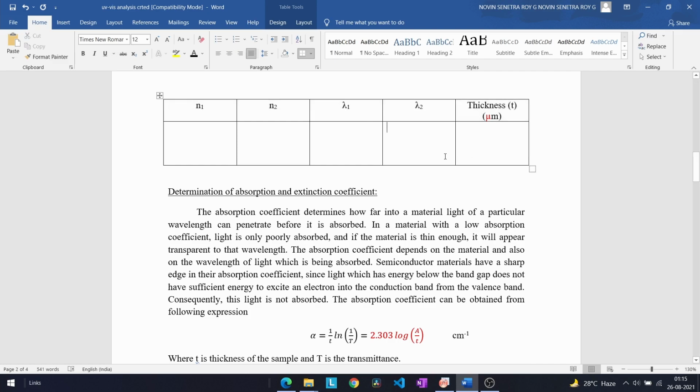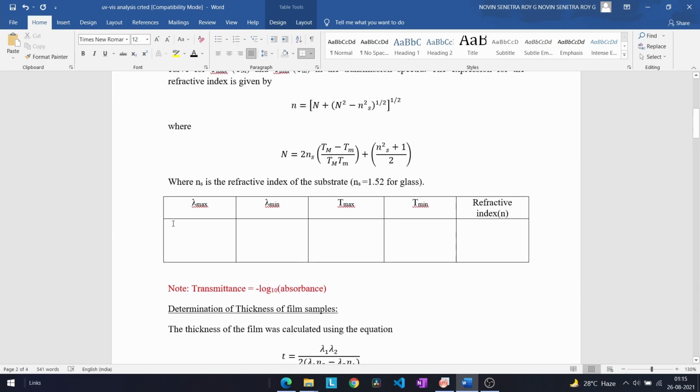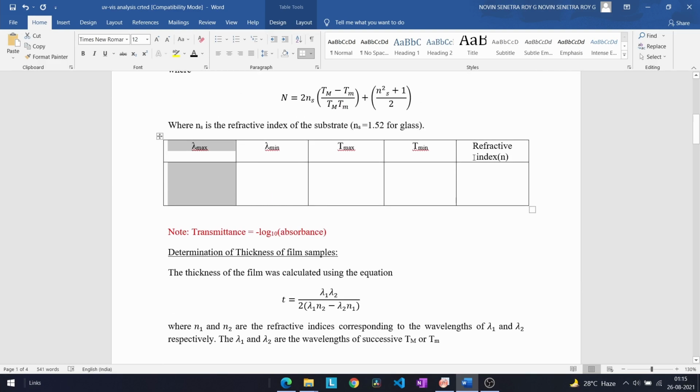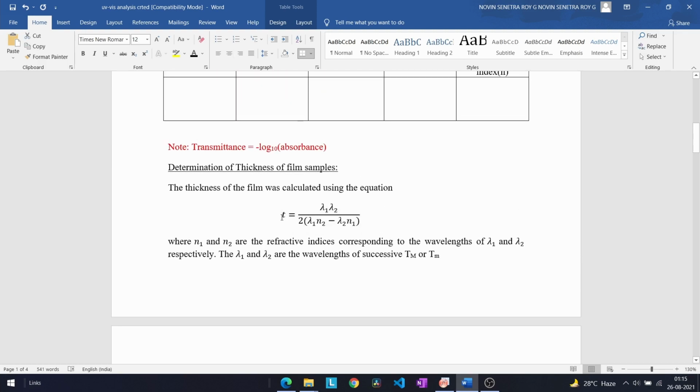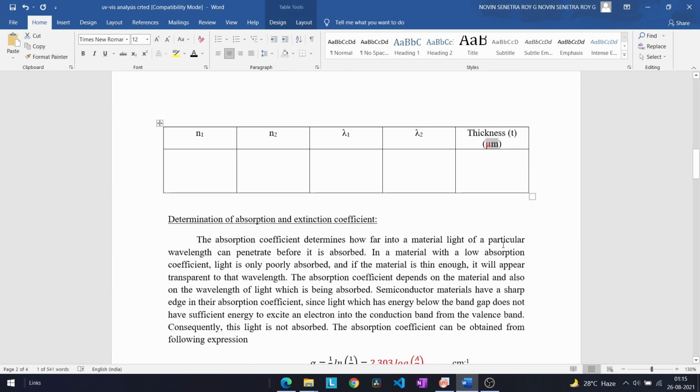So this table comprises lambda 1 and lambda 2, one behind the other. For the same, you find the refractive indexes n1 and n2, fill them in here, and then find the thickness of the thin film using this formula. This will be in terms of micrometers, that's why I have added μm.